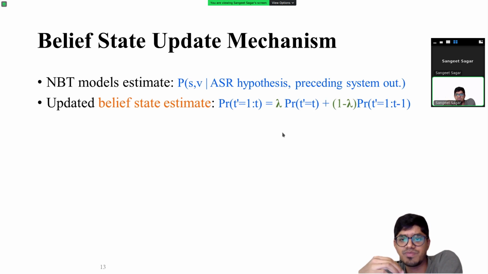The model performs a turn-level estimation, and these are all accumulated to form the cumulative belief state for the entire dialogue. And this is a linear combination of the first dialogue turn plus 1 minus lambda of all the remaining dialogue turns. So here lambda is a fixed hyperparameter that determines the weighting factor for each dialogue turn.